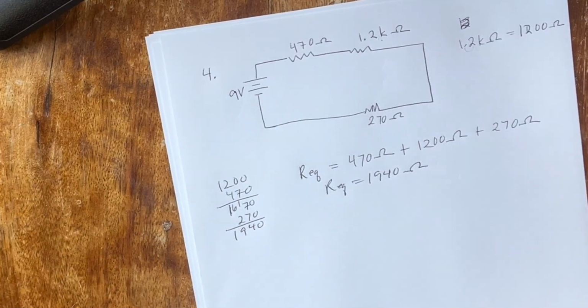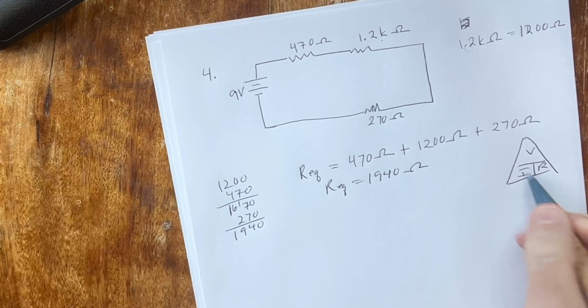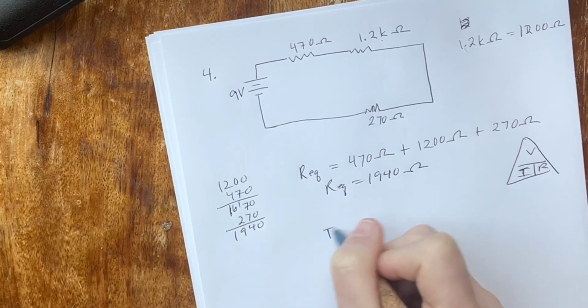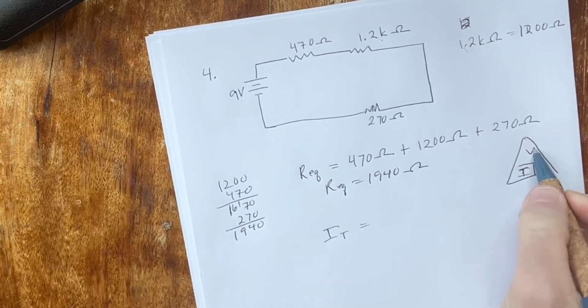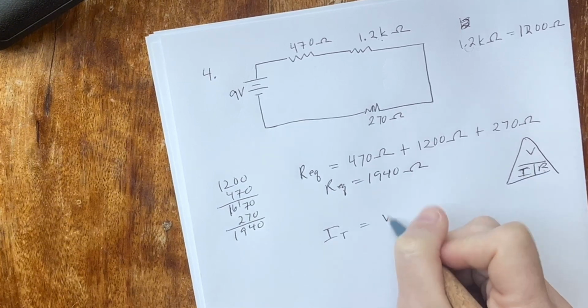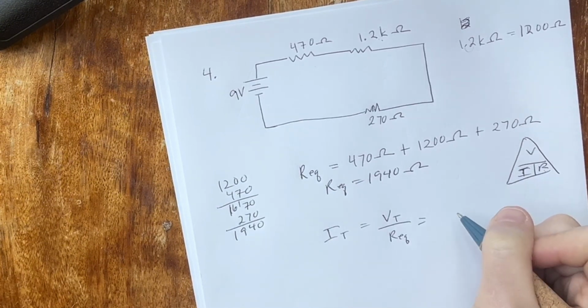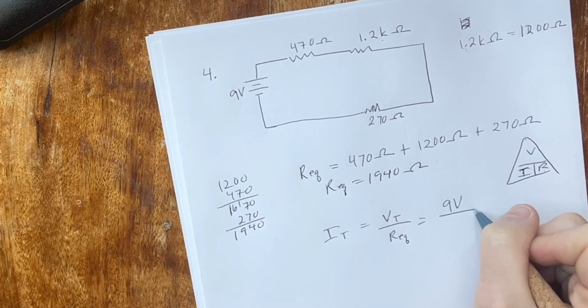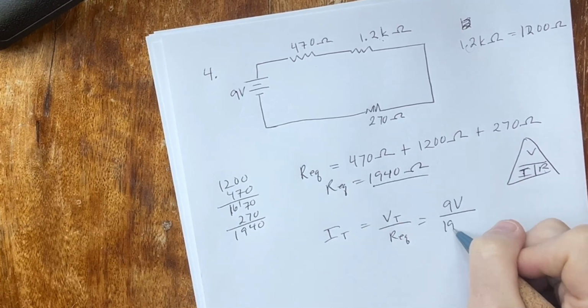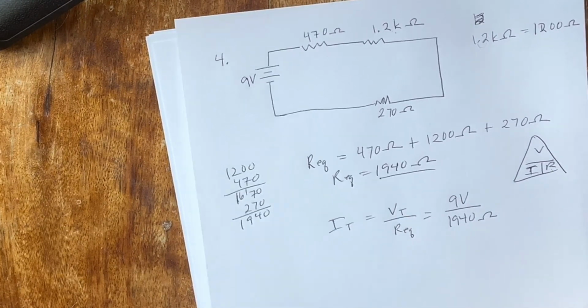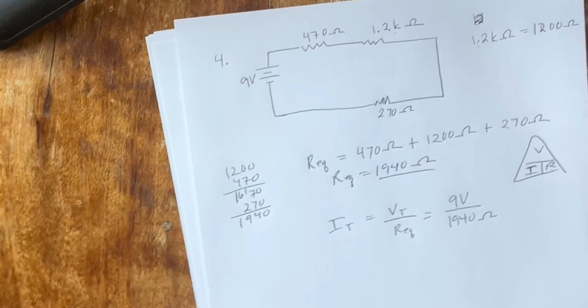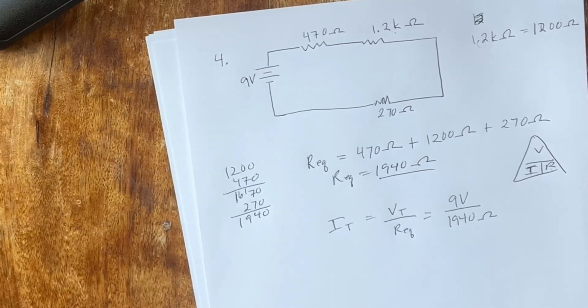Okay, so the first thing it wants us to find is the total current. So we have our little ohms triangle, V, I, R, and so our total current, I total, is equal to our total voltage divided by our Req. Our voltage is 9 volts and our Req is 1940. I'm not even going to pretend like I can do that by longhand, so I shall use my handy dandy computer.